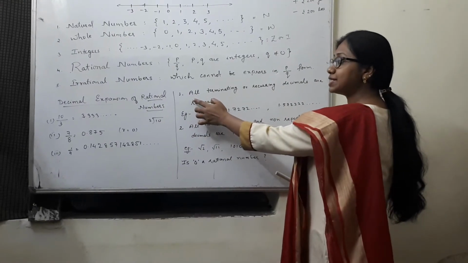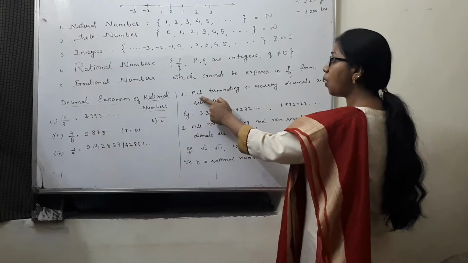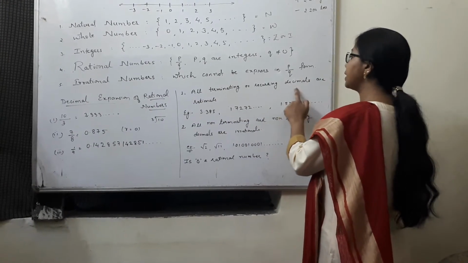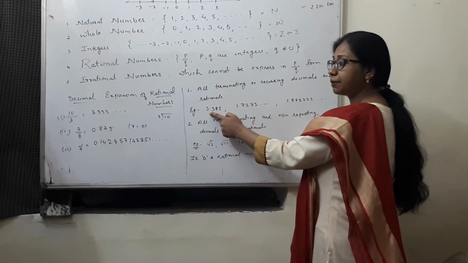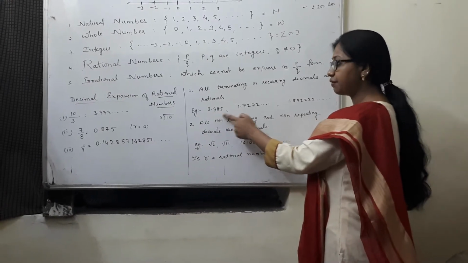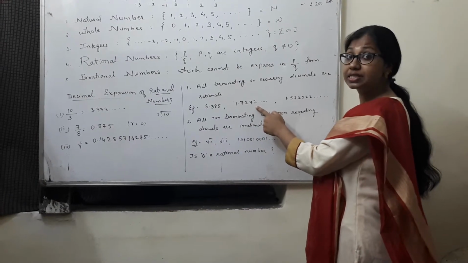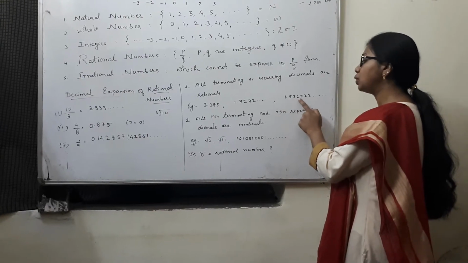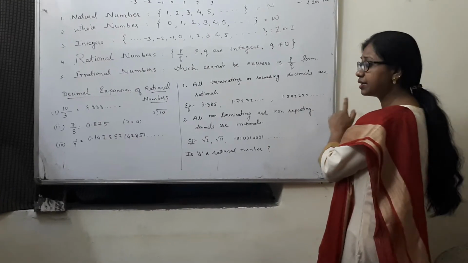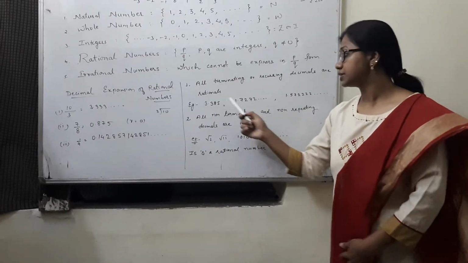In terms of decimal expansion, all terminating or recurring decimals are rationals. For example, terminating 3.385, 1.7272 where digits repeat, 1.572222 and continuously repeating. These are examples of rational numbers.